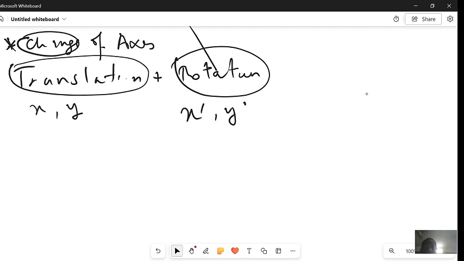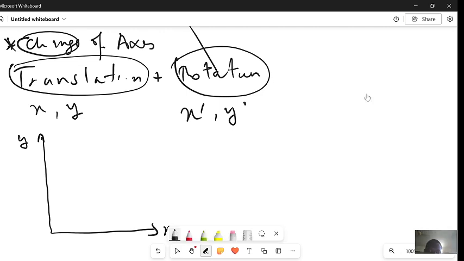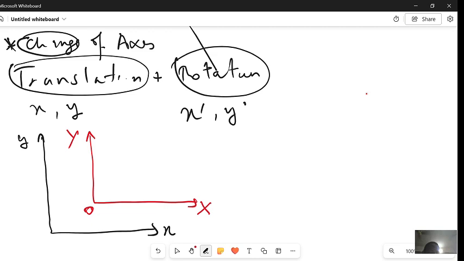Let's see, for example, I have this one, the old axis, with x and y. By using translation, I will get a new axis, capital X and capital Y, with the origin at alpha and beta.